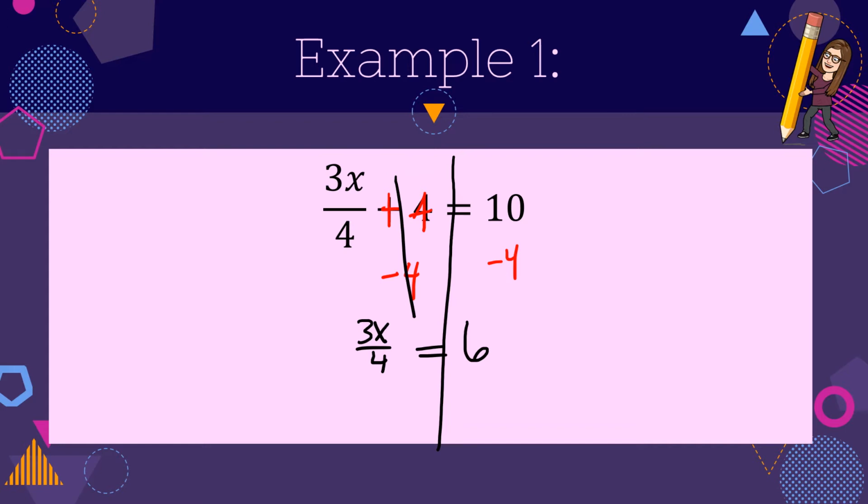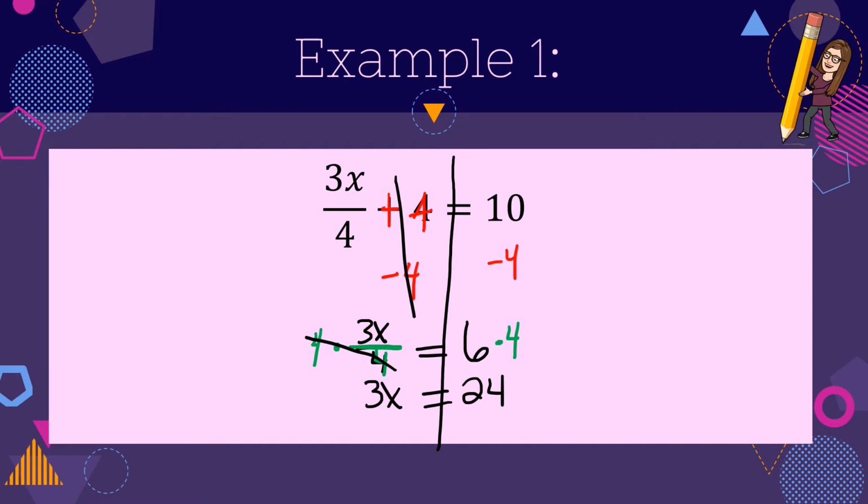Now, remember this rule from before. If you have a division bar that takes up the whole side, instead of dividing by 4, we're going to multiply by 4. We're going to undo the operation. So when I do that, the 3x falls down, equals falls down, and I now have 24 on the right side.